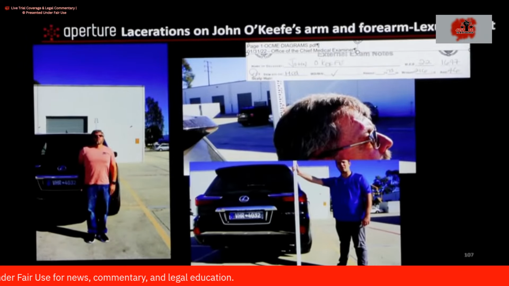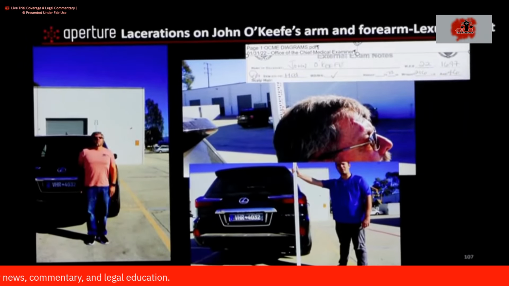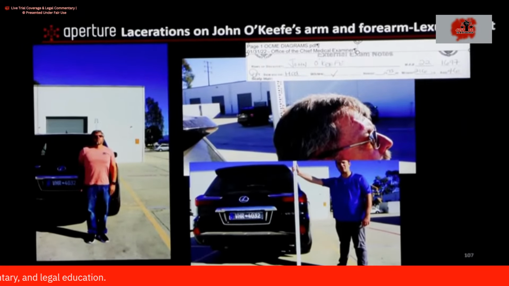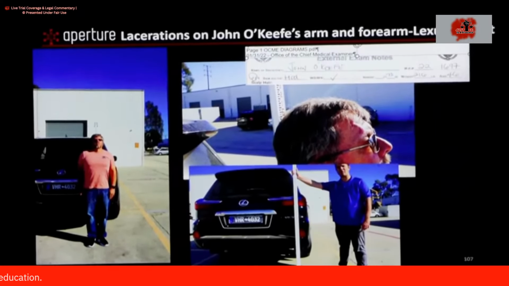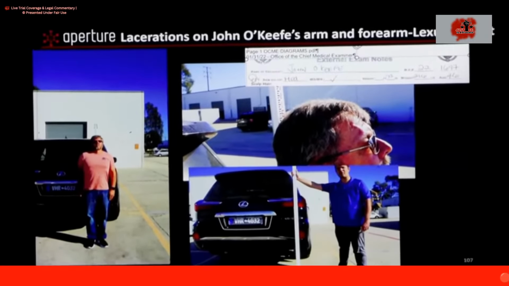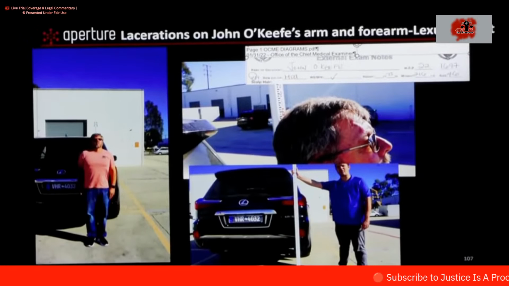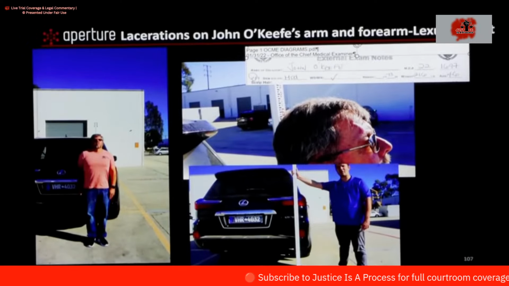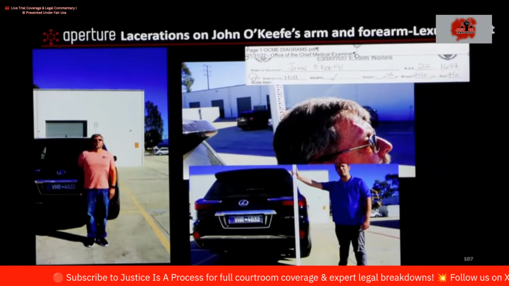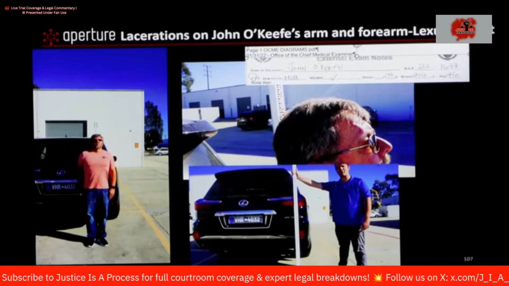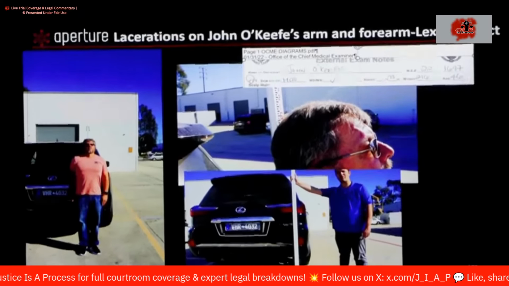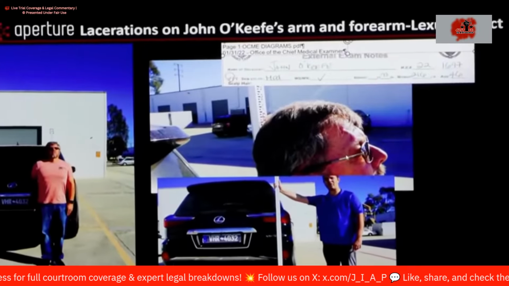I'm actually wearing the same make and size shoes as Mr. O'Keefe, the same brand of jeans, the same brand and size shirt. You see the Lexus in the background. We have matched the height to the Lexus. What I'm showing here is both my height, and then keep in mind where the height of this wing is relative to my right eye.